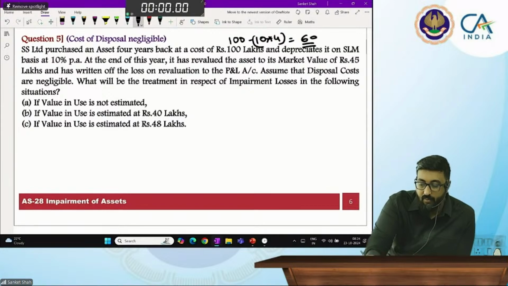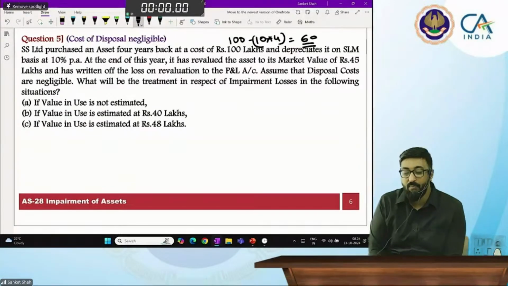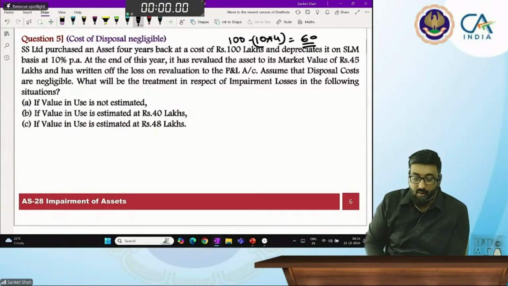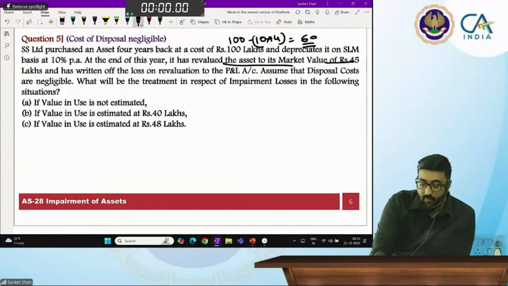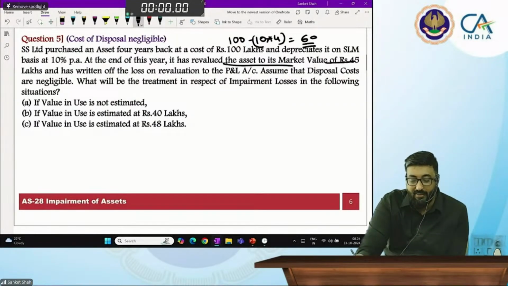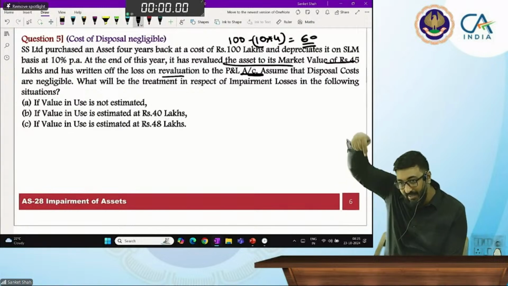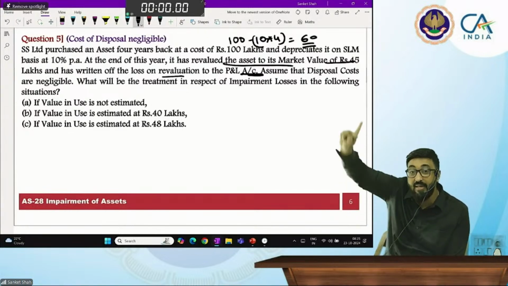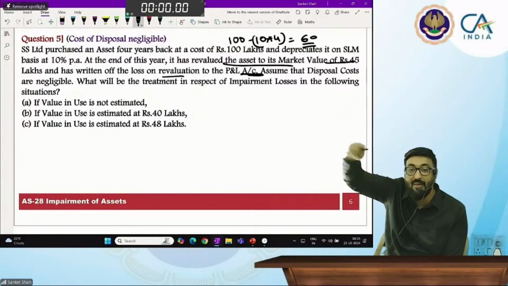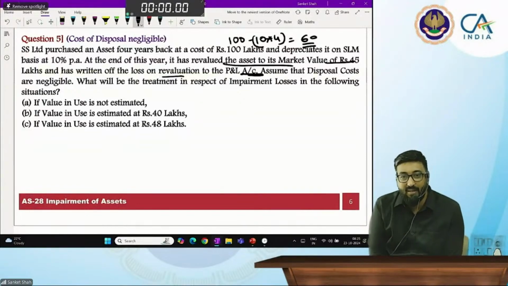So I have a balance of 60. I revalued it to market value 45 lakhs. So 60 to 45, revaluation model I am following. So 15 lakhs. I already transfer this loss to P&L because it is the first time. When asset goes down, P&L. Asset goes up, revaluation surplus. Wow, Shivani, you remember everything. Assume disposal costs are negligible.